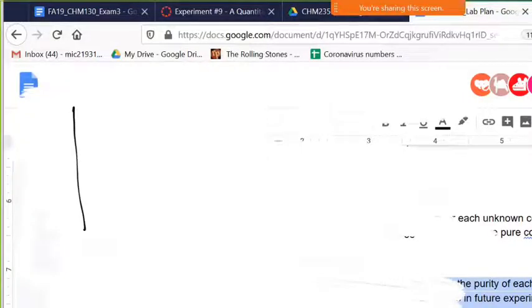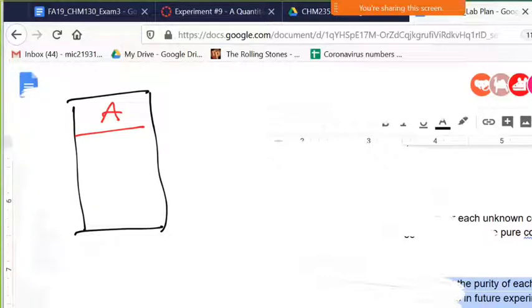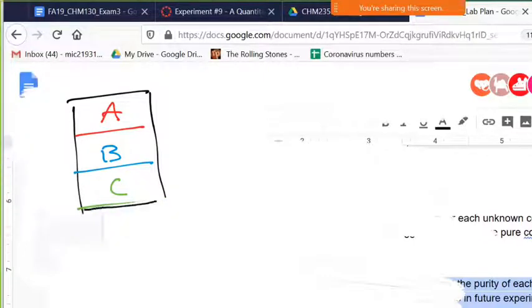Oh, well. So you start with a mixture. A, B, C, right? So those all look roughly equal, right? That's the goal here.